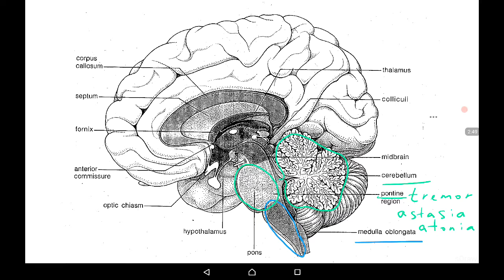The pons is located in the upper part of the brain stem, and together with the medulla oblongata and the cerebellum, the pons produces the hindbrain. In general, the pons is a very important part of the brain's pathways.